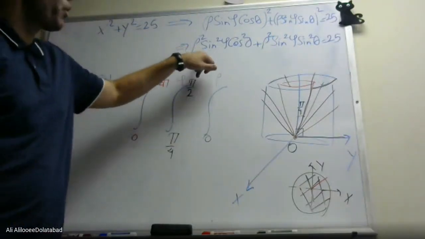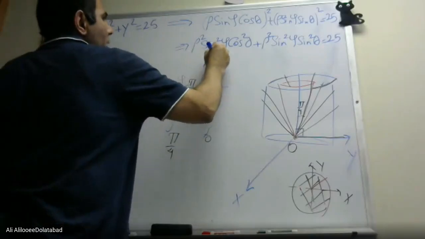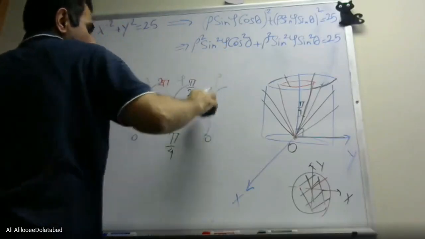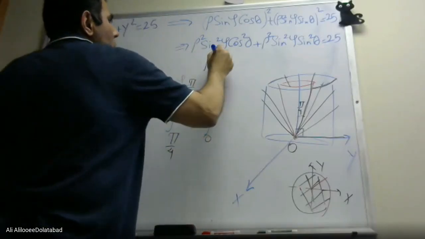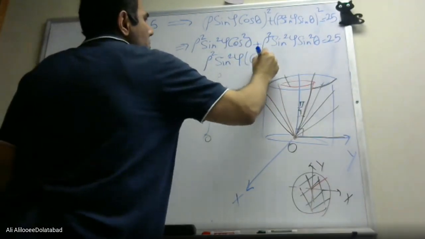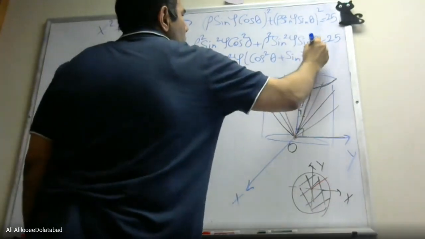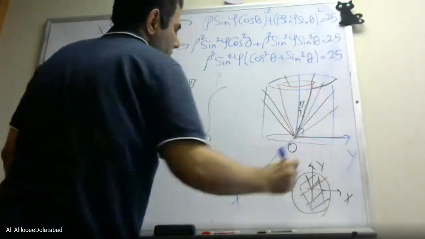Here we have rho squared sine squared phi in common, so we can factor it out: rho squared sine squared phi times cos squared theta plus sine squared theta equals 25.